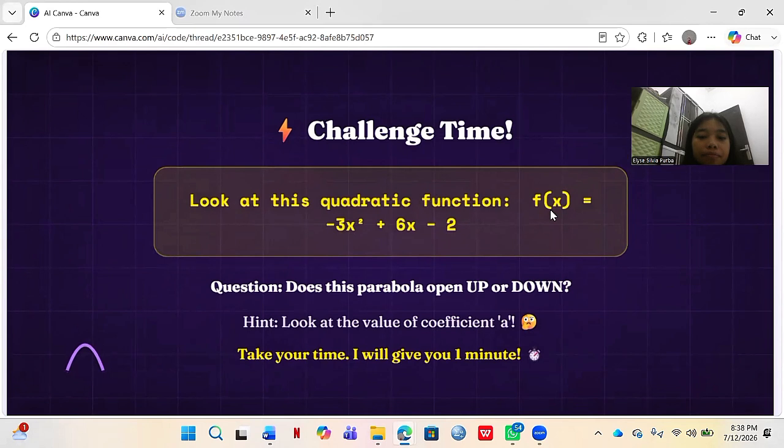Now, it's time for a quick quiz to test your knowledge. Look at this quadratic function. F of x equals minus 3x squared plus 6x minus 2.